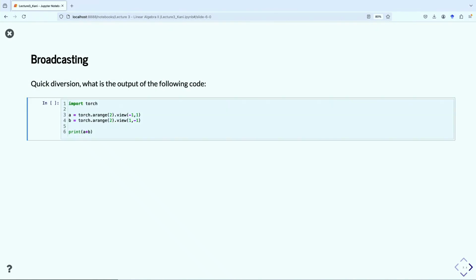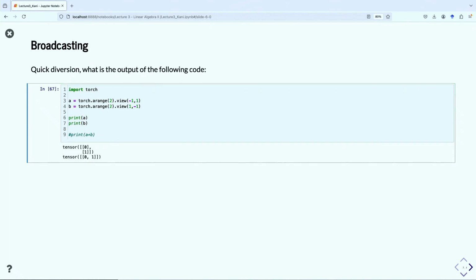So, quick diversion. I create 2 tensors. One is a 2 by 1 tensor, 2 rows by 1, and another is a 1 by 2 tensor. Let me print A, print B. Okay, makes sense, right?